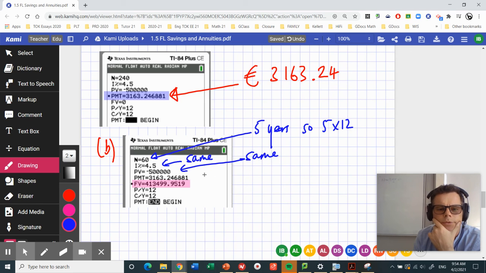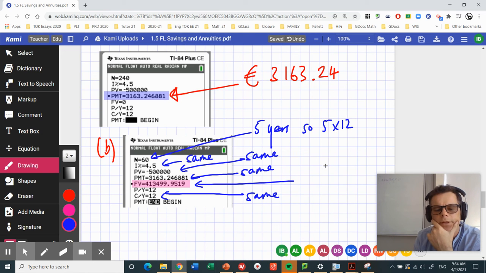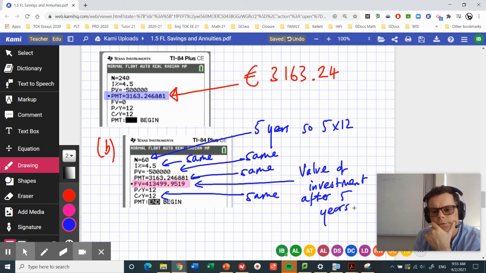Same. Same. Same. And now the value of investment after 5 years. Lovely jubbly. There you go.